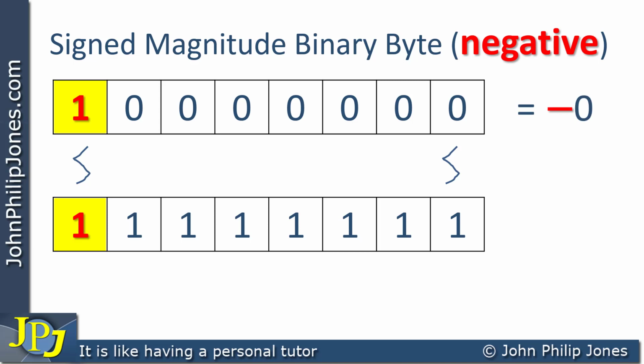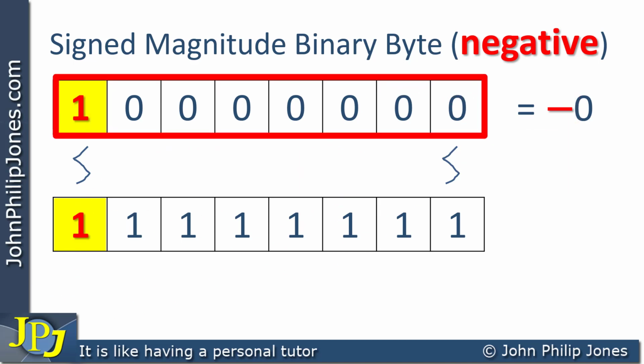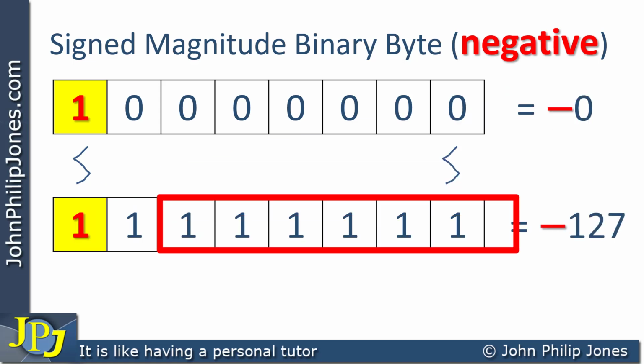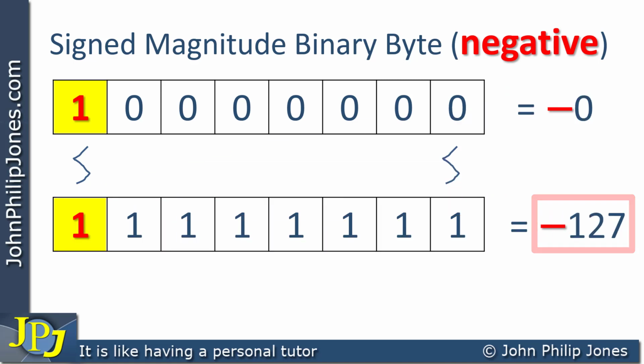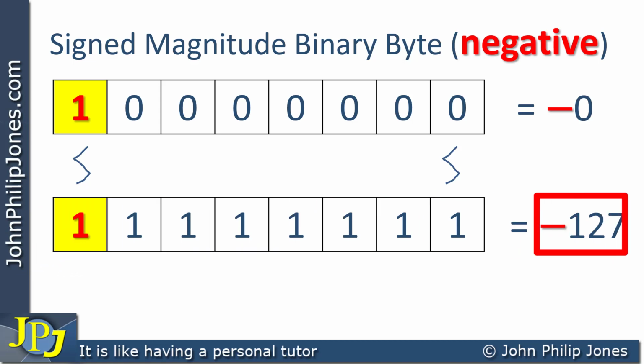If we look at the first one, that's minus 0, because this is the negative as shown here. This is the magnitude, which is 0, so we can see that this gives us minus 0. Whereas if you look at this, you can see this is minus 127. This gives us the negative, this gives us the magnitude, which is 127. So overall this gives us minus 127.